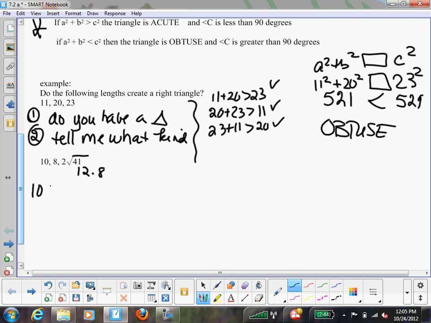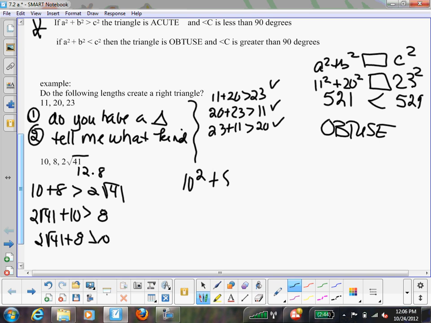All right. So is 10 plus 8 greater than 2 square roots of 41? Because we know that 2 root 41 is 12.8, right? All right. Is 2 root 41 plus 10 greater than 8? Obviously, that works. And is 2 root 41 plus 8 greater than 10? Yep. Okay. So now let's determine what kind of triangle we have. So we're looking at 10 squared plus 8 squared, and we're trying to determine how it compares to 2 root 41 squared.